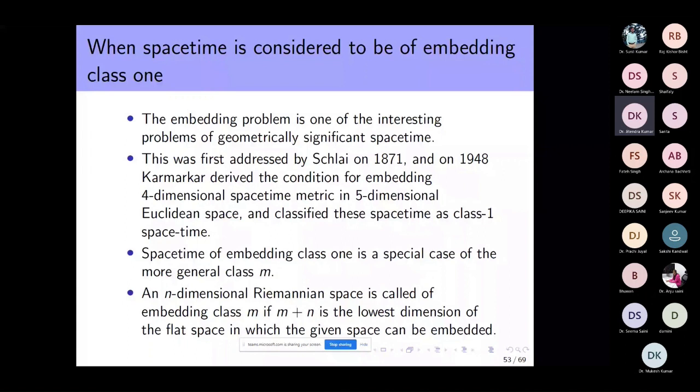So here we reduce the n-dimensional Riemannian space into the n plus M dimensional flat space. The difference of these dimensions will represent the embedding class, so the difference is M, and this will be the embedding class M.